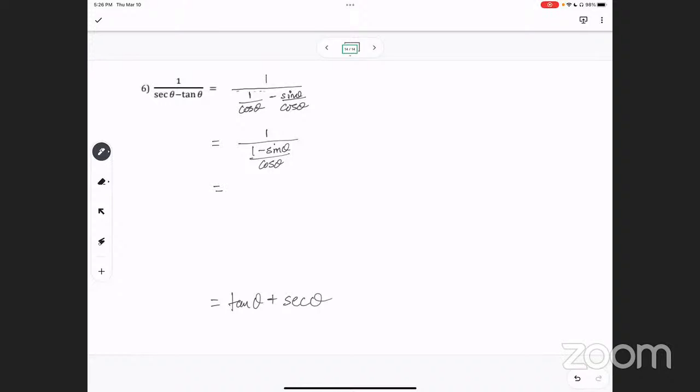Nope, it has to be squared for that to be equal. Oh, it does.